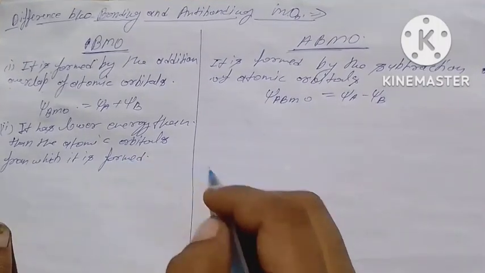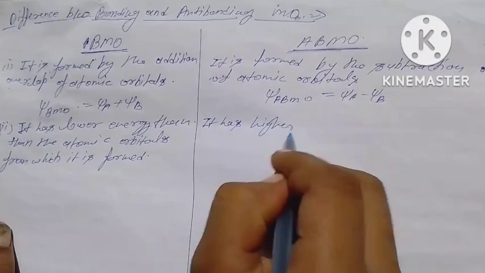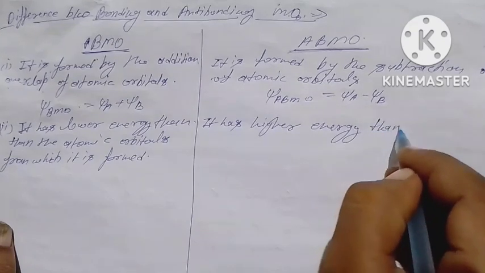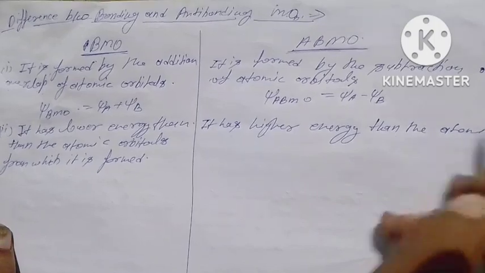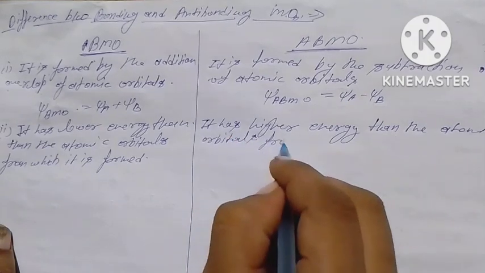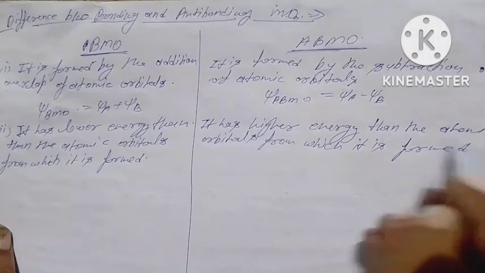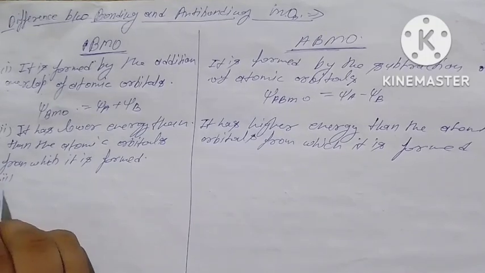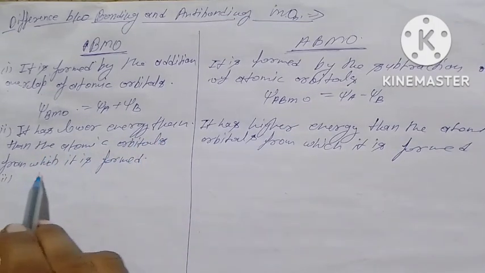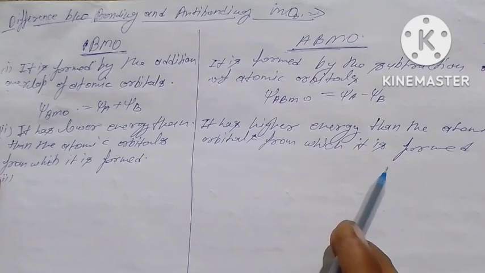ABMO has higher energy than the atomic orbitals from which it is formed.